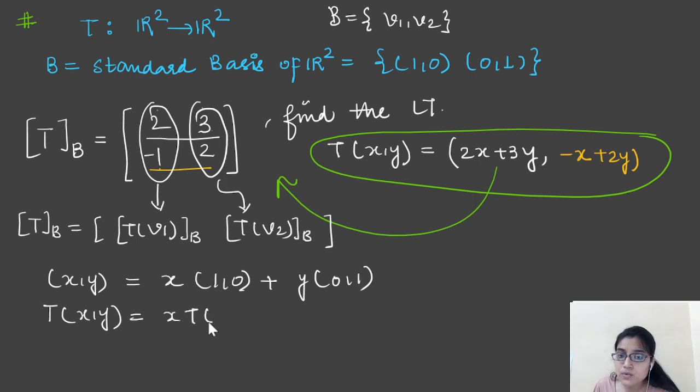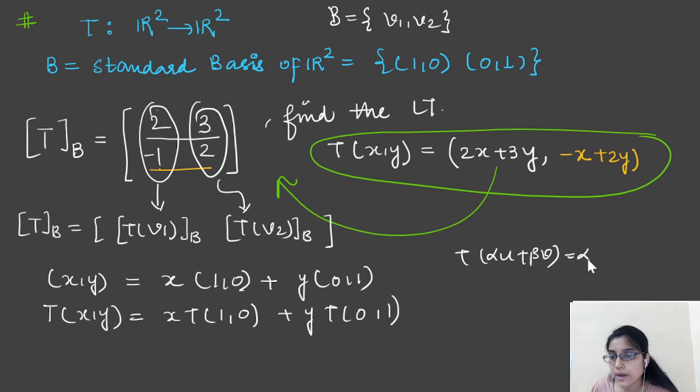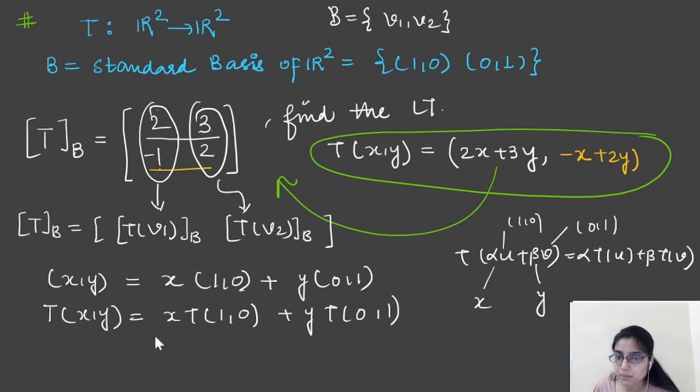Now you will use the property of linear transformation. I hope all of you know that T of alpha u plus beta v is equal to alpha times T of u plus beta times T of v, right? So here alpha is your x, beta is your y, u is your 1 comma 0 and v is your 0 1. So I just applied that property.